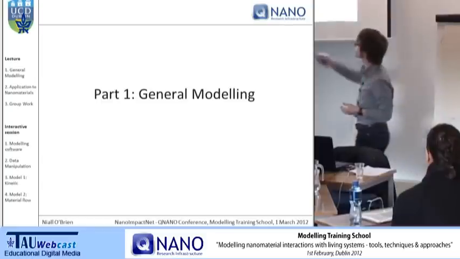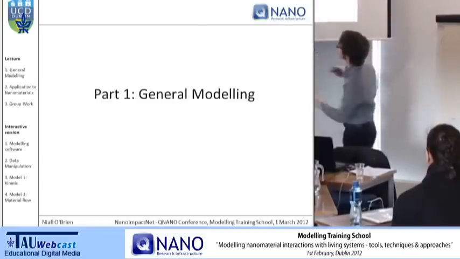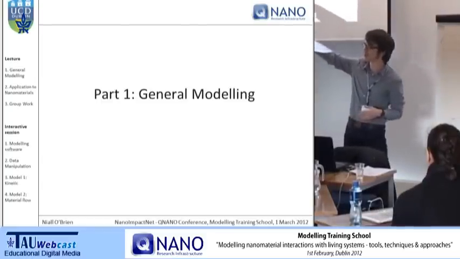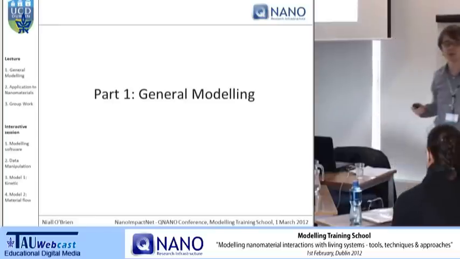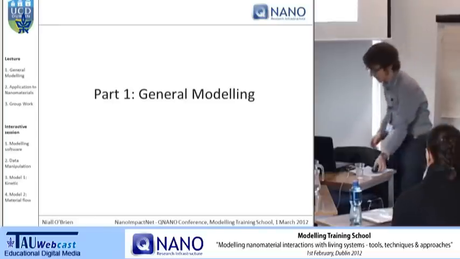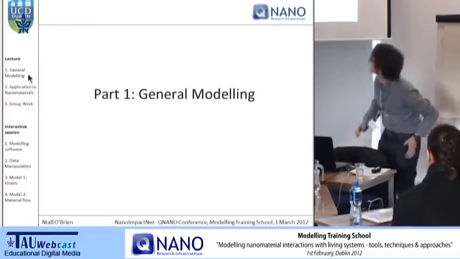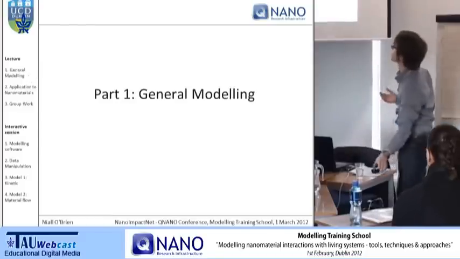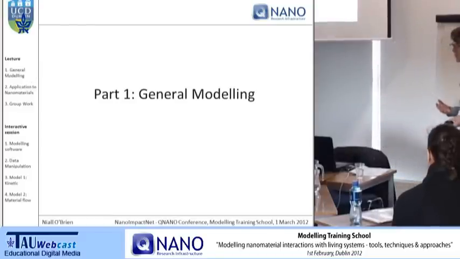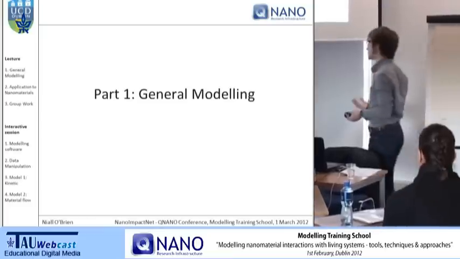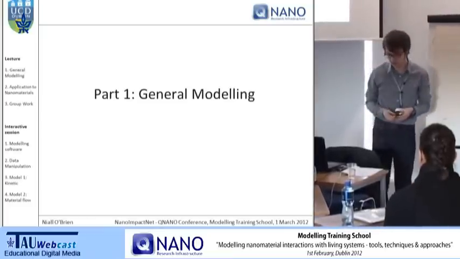On the left-hand side, I have a general overview of how the next hour and three-quarters is going to go. First, we start with general modeling, the use of data in modeling, how variability is represented, and how uncertainty is represented.